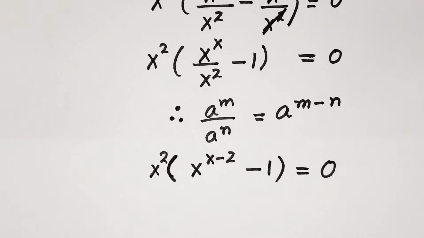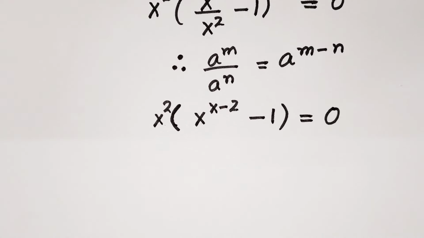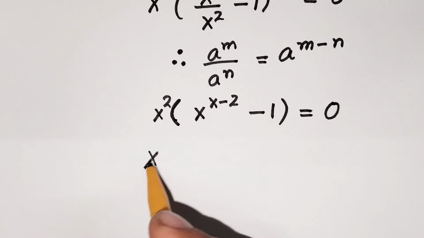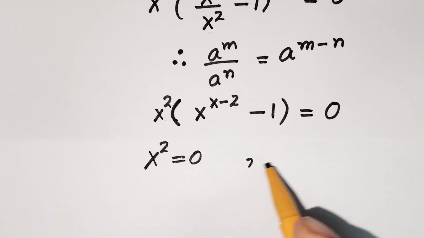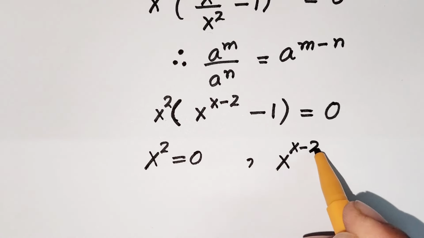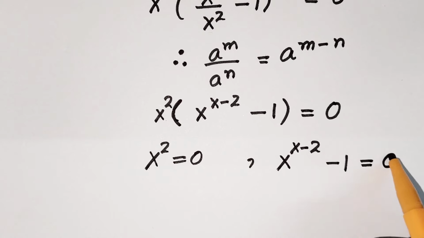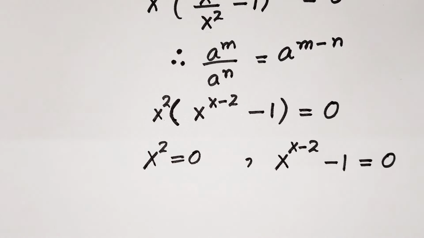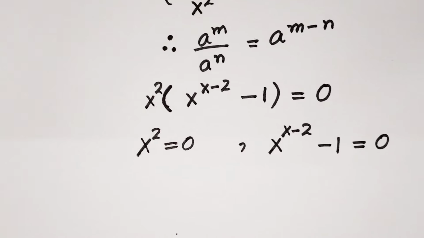Now we have two possibilities. First one is x squared is equal to 0, and the other one is x raised to power x minus 2 minus 1 is equal to 0. Now we have to find the value of x.